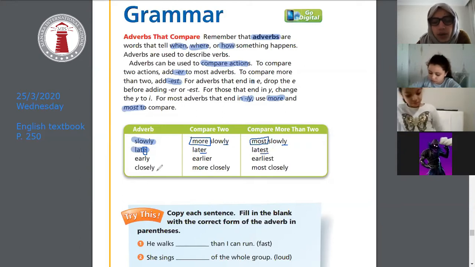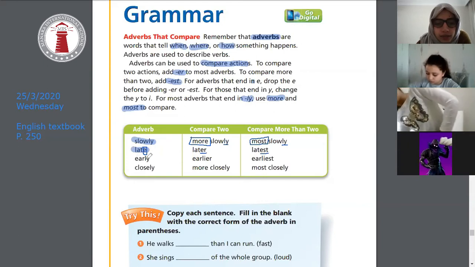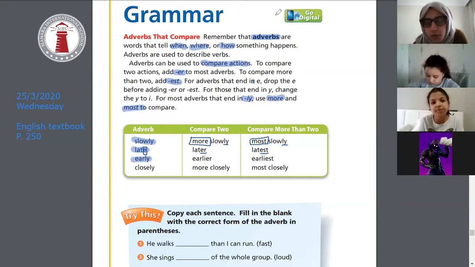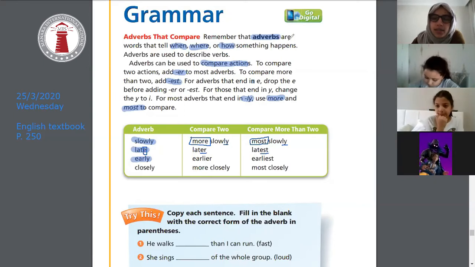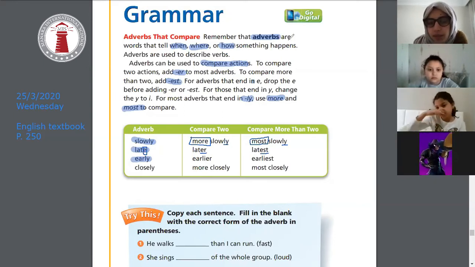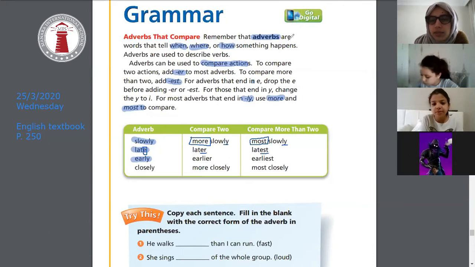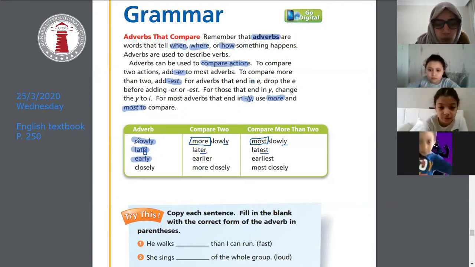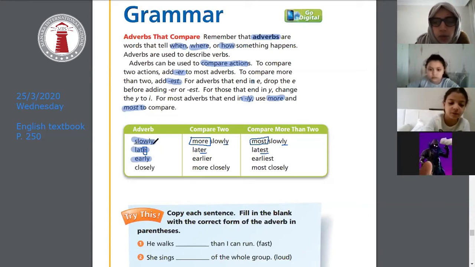Okay? The next one is early. Early is ending in ly, but this is an exception because the ly that was added here is not because it's an adverb. The ly is here because this is how we spell the word. So for example, in slow, the original word is slow.